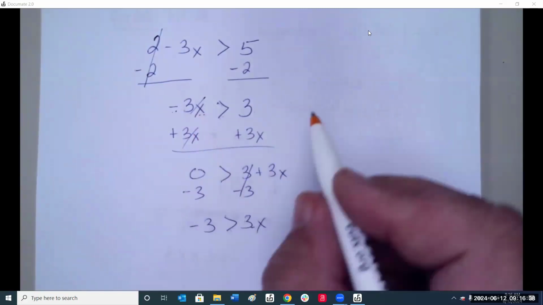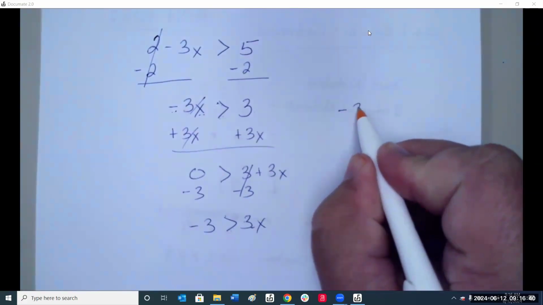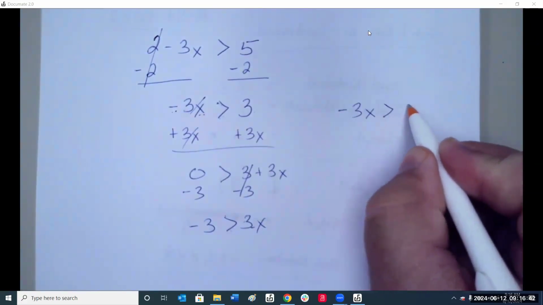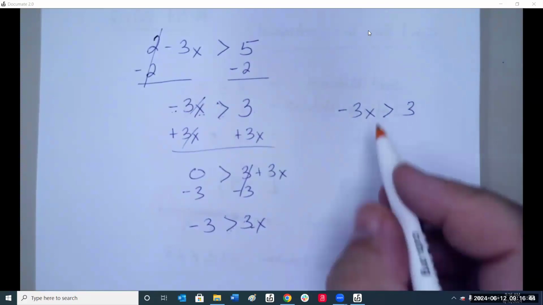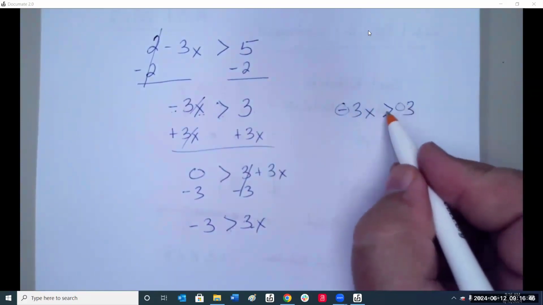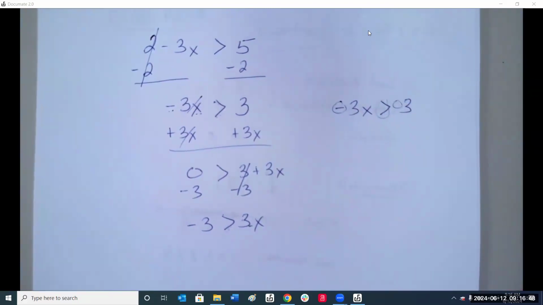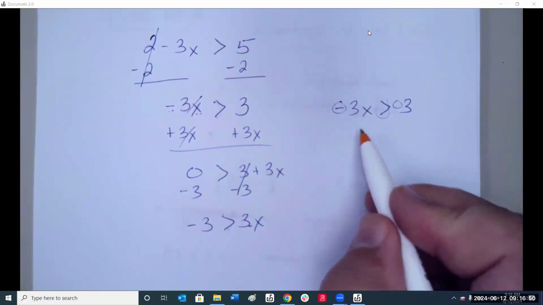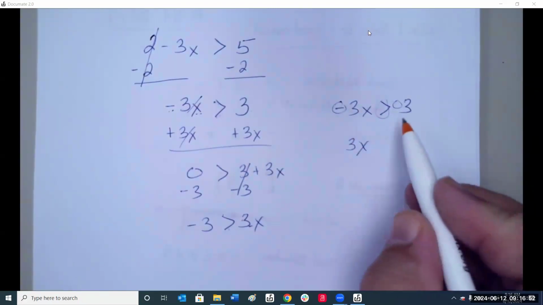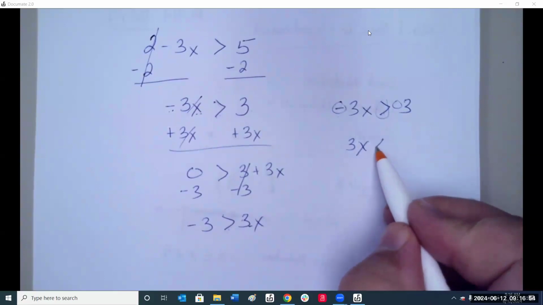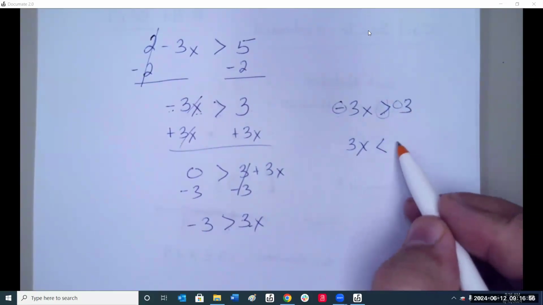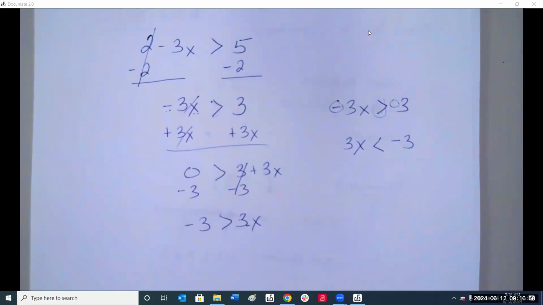So in other words, when I said earlier, if you have a negative in front of your x, change the signs, change everything. Change that from -3 to +3. Change that from greater than to less than, and change that from +3 to -3.